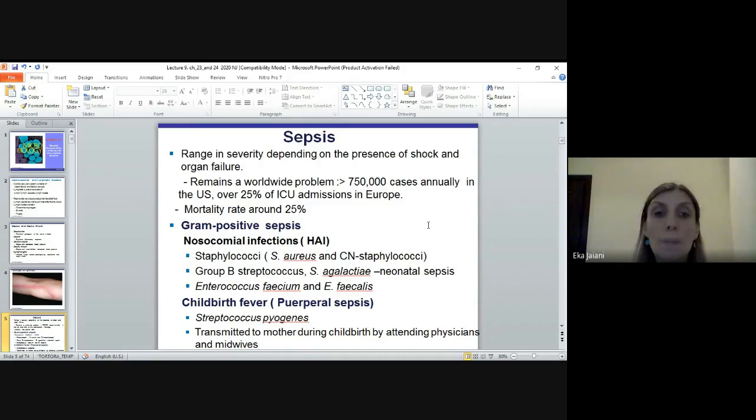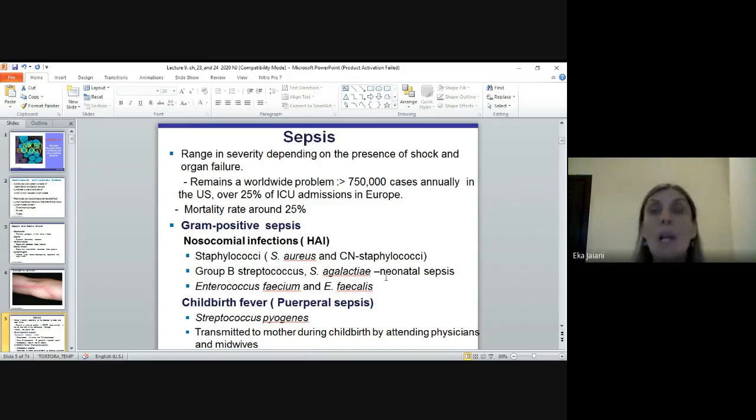Among group B streptococcus, we have Streptococcus agalactiae. It leads to neonatal sepsis. Pregnant women very often have Streptococcus agalactiae in the genital tract, and it may lead to neonatal sepsis in newborn babies.